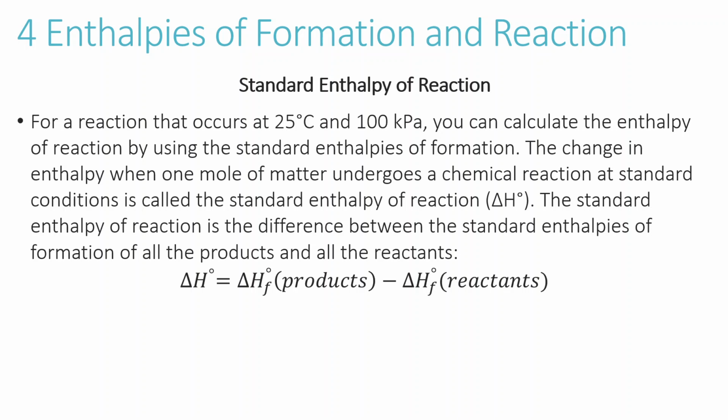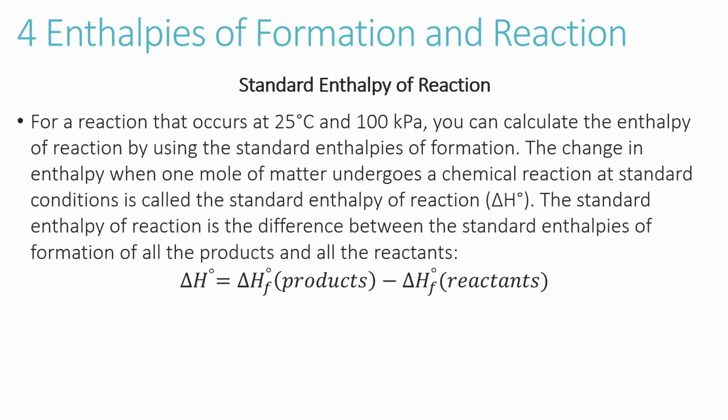So for a reaction that occurs at these standard conditions of 25 degrees Celsius and 100 kPa, you can calculate the enthalpy of reaction by using those standard enthalpies of formation. So the change of enthalpy when 1 mole of matter undergoes a chemical reaction at standard conditions is called the standard enthalpy of reaction. This little degree symbol here is telling us that it's in the standard state.